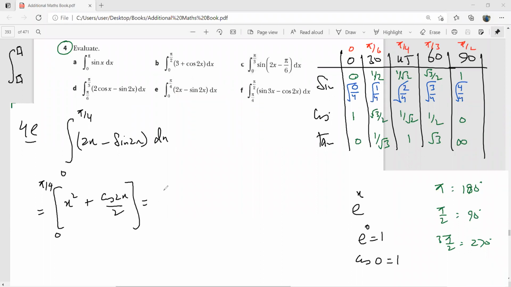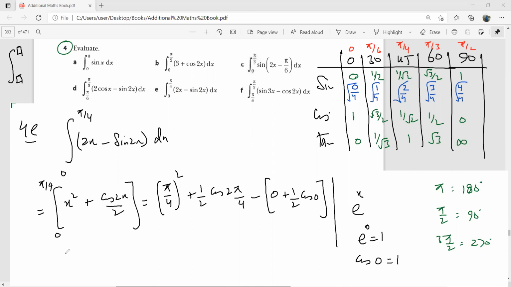Now, when you apply the limits here, this is going to be pi over 4 squared plus half into cos 2 pi by 4, and then minus, when you put 0 here, 0 squared is 0 plus half cos 0.